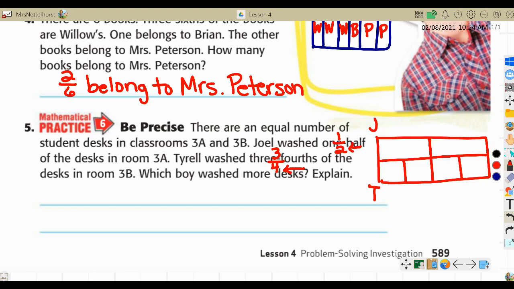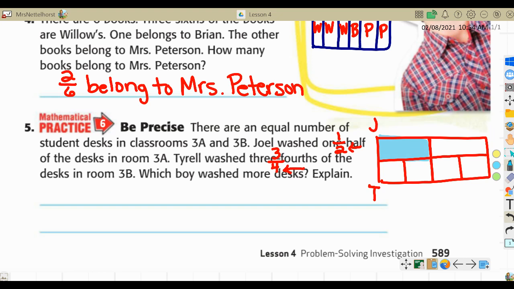All right, so now I'm going to color in however many the numerator is. And I'm going to start on the left so I can compare them. So Joel washed 1/2 of the desks. So let me use my highlighter. And Joel's desks, 1 out of the 2 he washed.